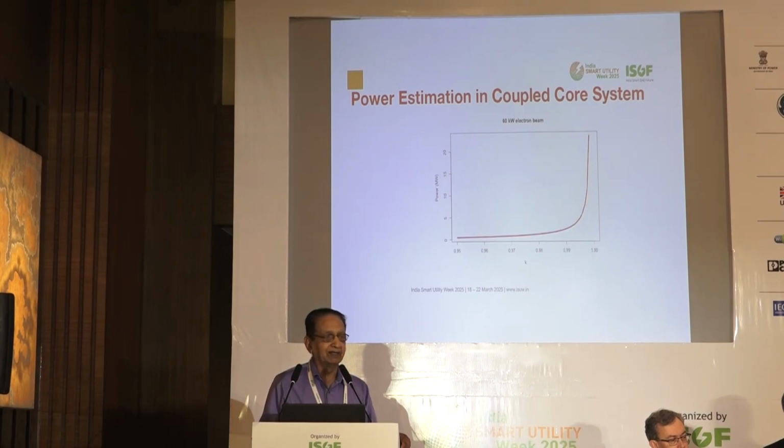We can get a gain of 100. That gain of 100 means a lot. You use a 100 kilowatt beam and you can get 10 megawatt power. So a 100 kilowatt beam is very, very easy to get in electron beam accelerators.